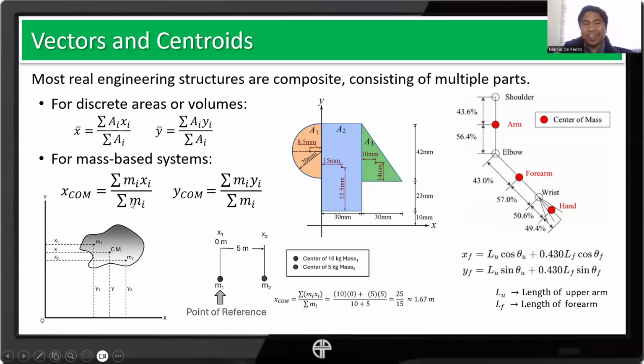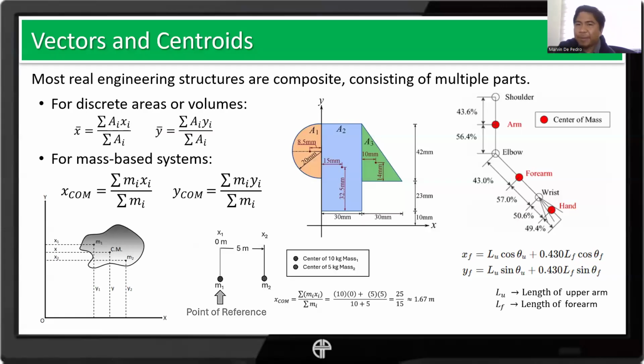Instead of A, we are now using M for mass. In the same way, for areas we only have X and Y, but for volume we have X, Y, and Z. For a mass-based system, it's the same. We still have the mass, although we are computing for solids.